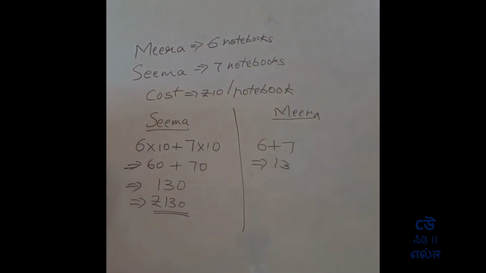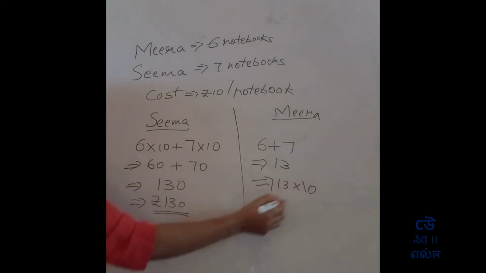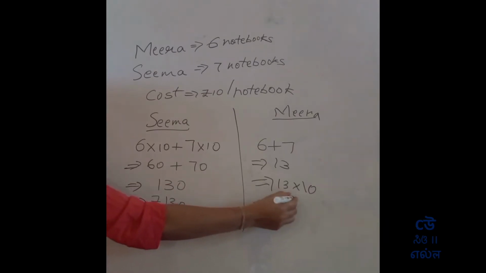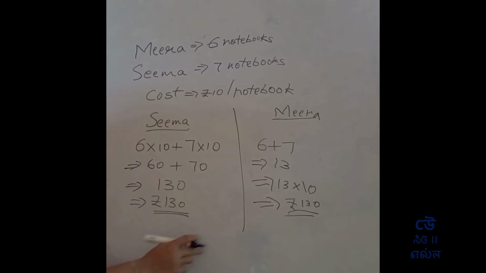How many rupees does one notebook cost? 10 rupees. So 13 into 10 will be 130 rupees. So Meera calculated this way, and Seema calculated the other way.